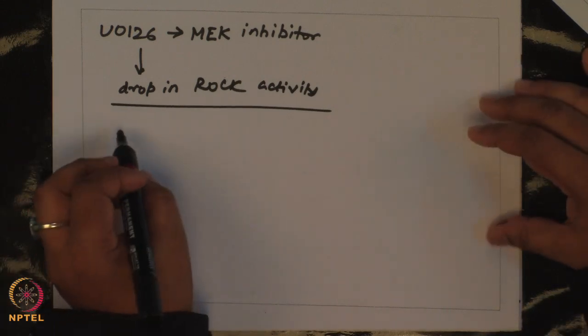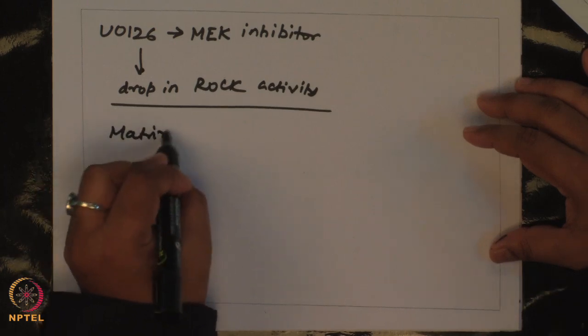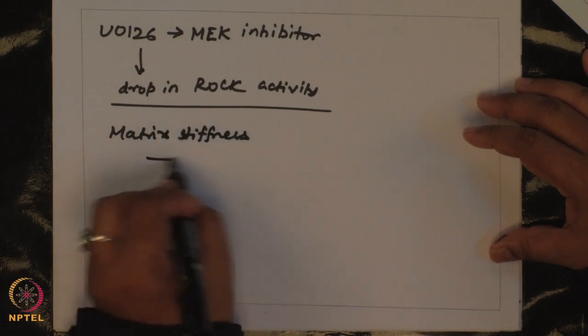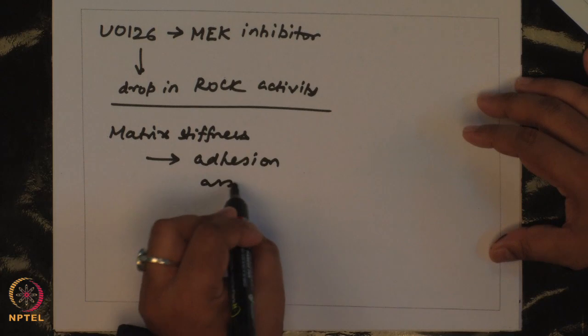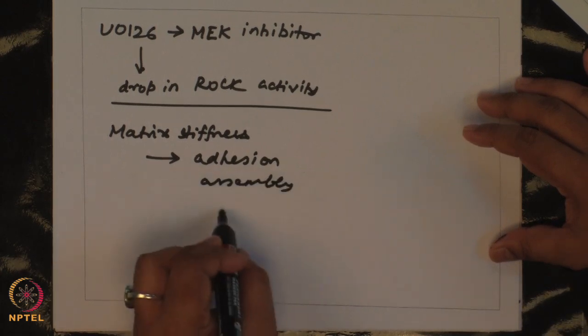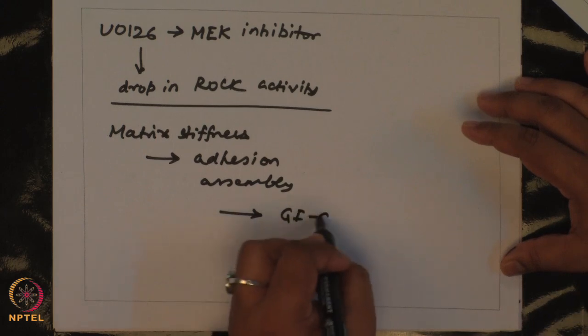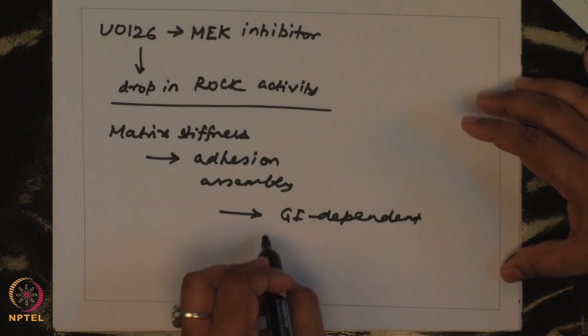So, these suggest that matrix compliance or stiffness leads to adhesion assembly, and this leads to growth factor dependent ERK activation.